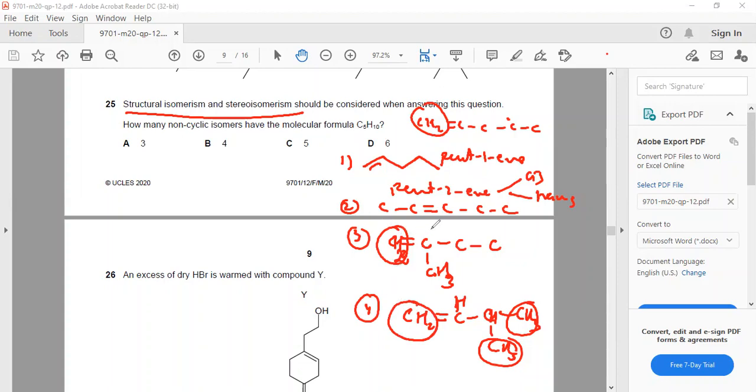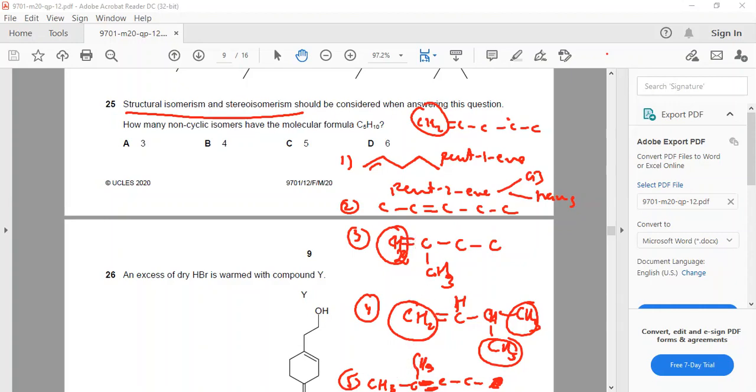Okay. So now any other possibility? Yes, one more possibility is there. You move the double bond. Move the double bond and keep the branch on the second carbon. Again, there is a double bond here. First, we moved the branch and kept the double bond on carbon 1.